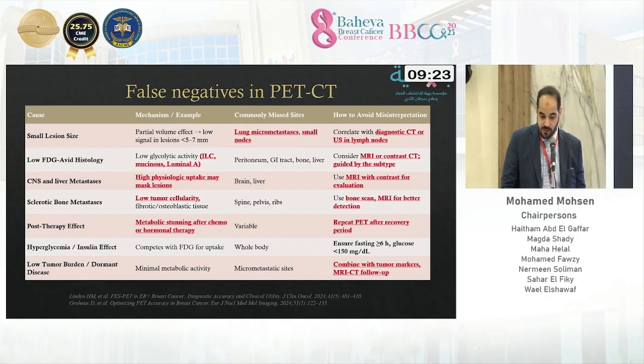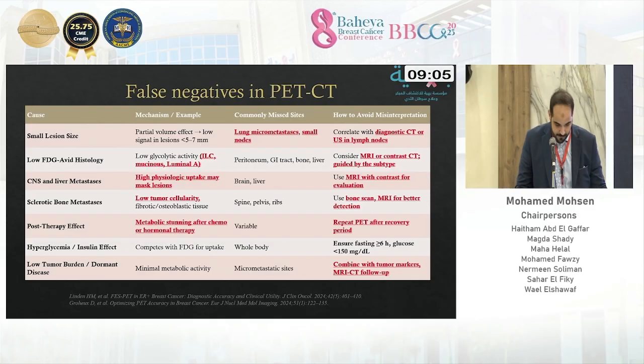In both, we should use MRI with contrast for evaluation. While the sclerotic bone metastases have a low tumor cellularity, we should use bone scan and MRI for better detection. Post-therapy effects, such as metabolic stunning after chemo or hormonal therapy, mean we should repeat PET after a recovery period.